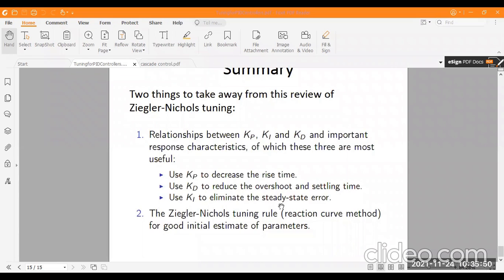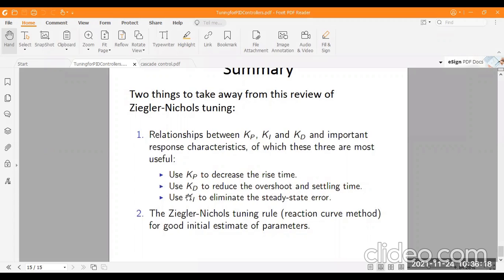There are two things we follow in this Ziegler-Nichols method. First, the relationship between the three types of controller parts, KP, KI, and KD, and the important response characteristics, which are the rules you have to follow. Using the proportional controller, KP, it decreases the rise time. Number two, using the derivative controller, it reduces the overshoot and settling time.